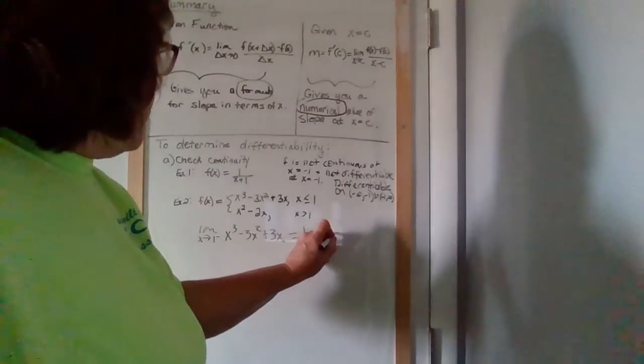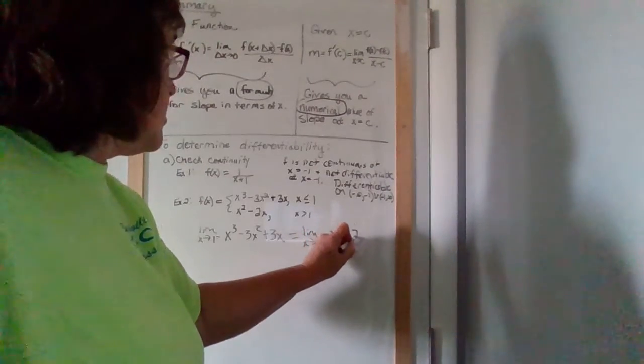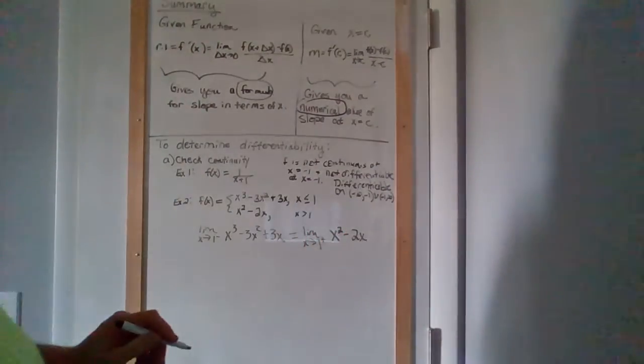And in that case, I would use x to the second minus 2x. So we would have to check those two limits.